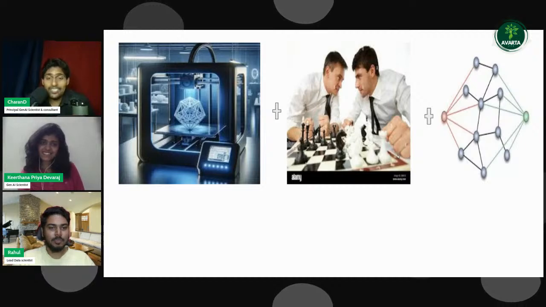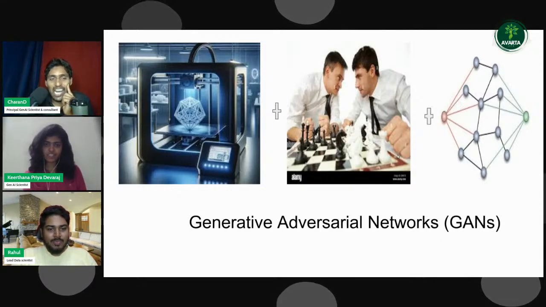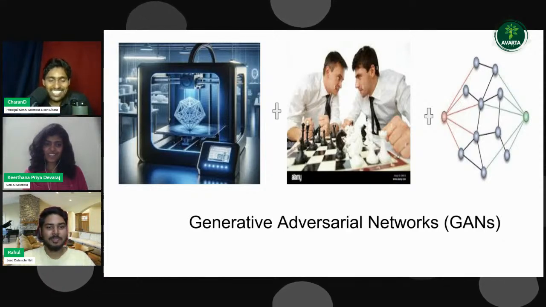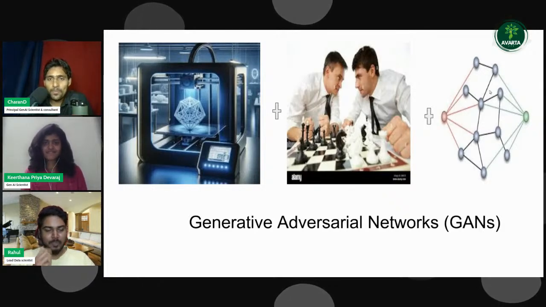So now you guys can discuss before we move on. Oh, it is generative adversarial. Our beloved concept, GANs. Very complex to decode. Adversarial, generative, and networks. It's a little complex, but that's okay.